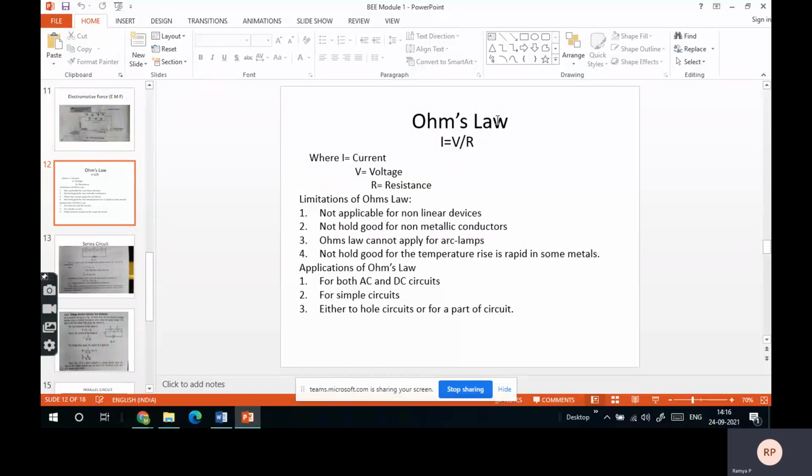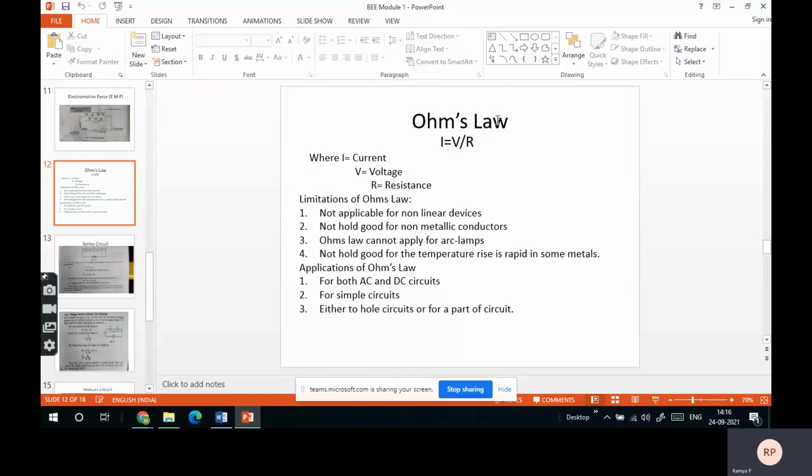Where the temperature is not maintained constant, for such conductors we can't apply Ohm's law. So this is one of the drawbacks we can see in Ohm's law. But other than these, all other conducting materials are applicable with Ohm's law.